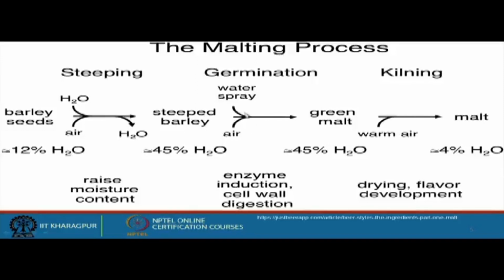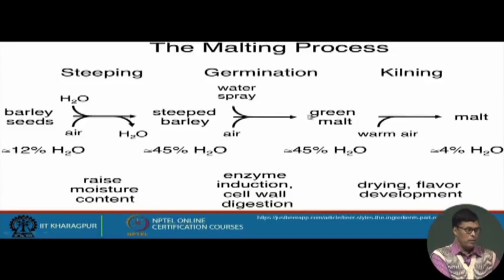So enzyme induction and cell wall digestion take place, and we get the green malt. Then we dry this so that the moisture content comes to 4%. We make it into powder, and we use it as a malted food, or as the raw material for the beer making industries.